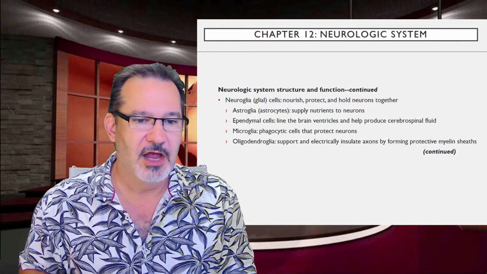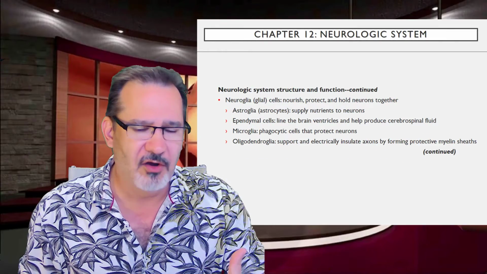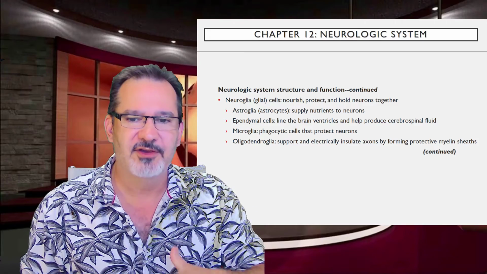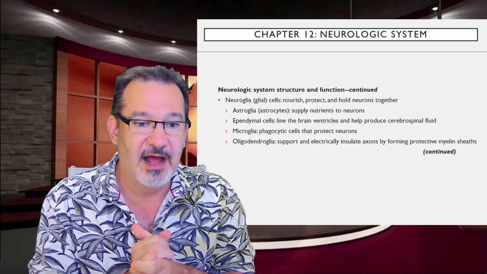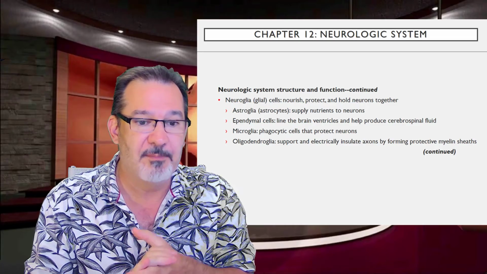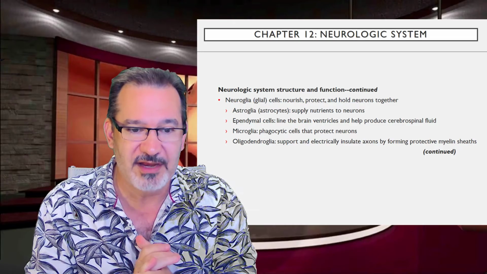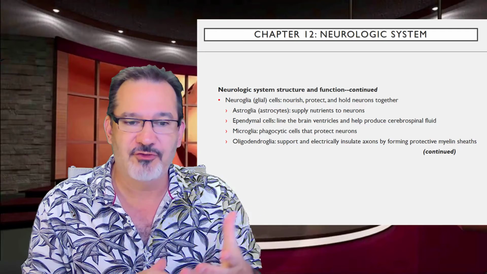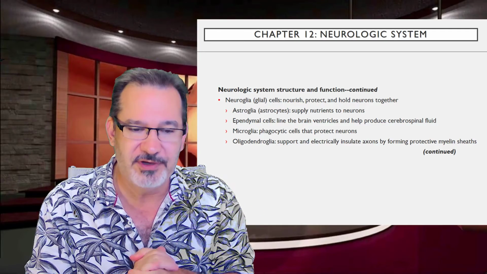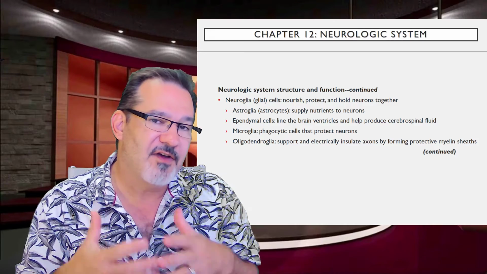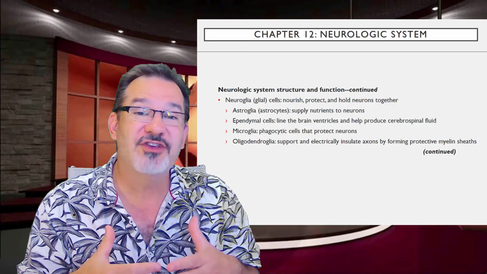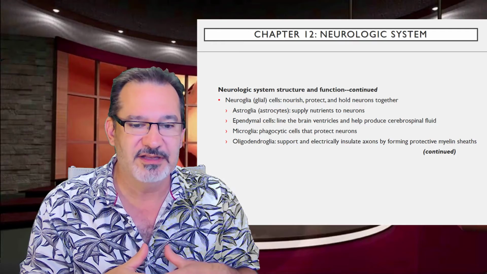Neuroglia are there to nourish, protect, and keep neurons held together. The ependymal cells line the brain ventricles. Astroglia cells supply nutrients to the neurons. Microglia are phagocytic cells.